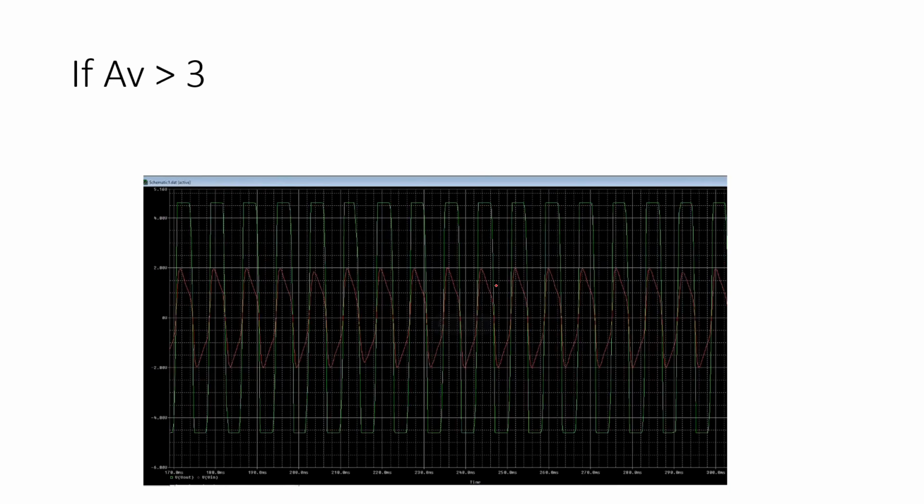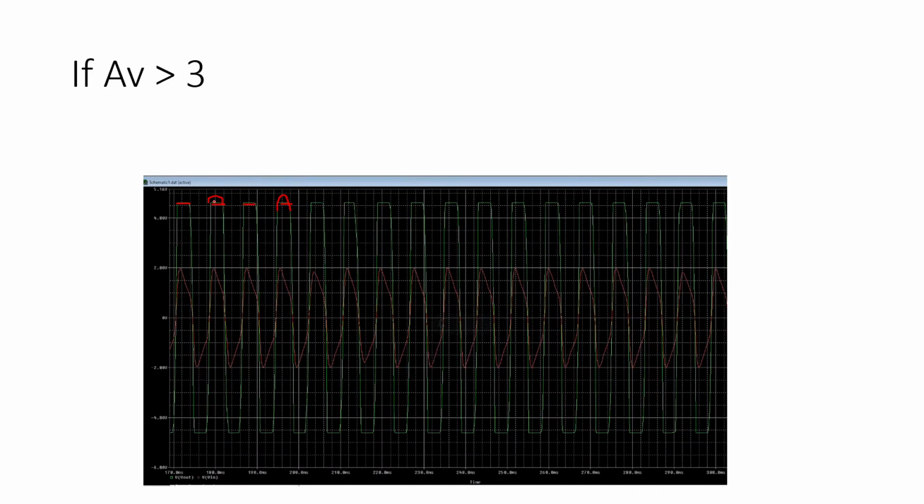And if you put more than 3, maybe 4 or 5, the signal will be cut here, not a perfect sinusoidal. We don't want that either. I hope you can show what happens if a different value is used in the experiment or the simulation. That's all for the simulation part.